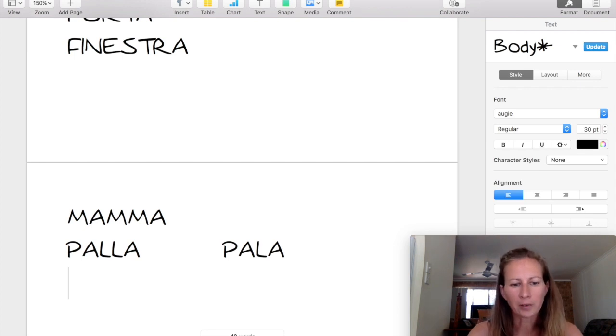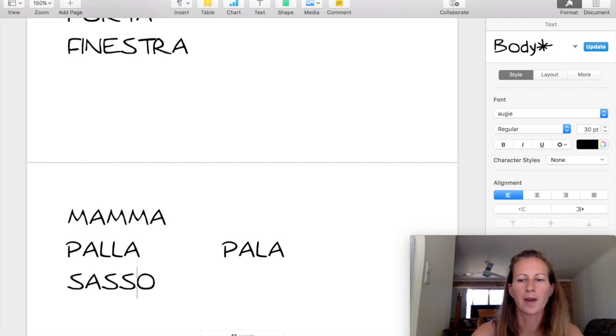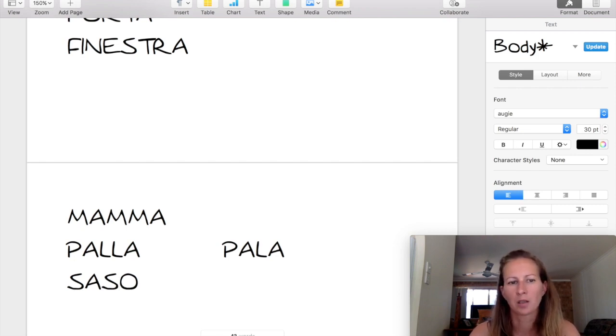Pala means shovel. Another example could be sasso. Sasso means rock. If there was one S, it would be saso, which in this case doesn't mean anything. It's not saso, but it's sasso.